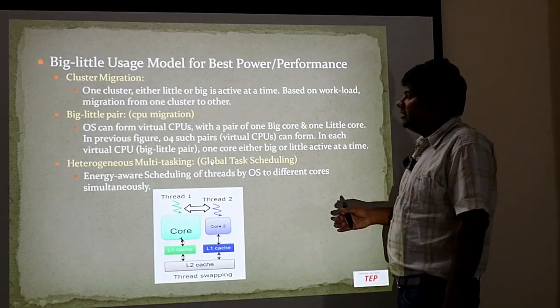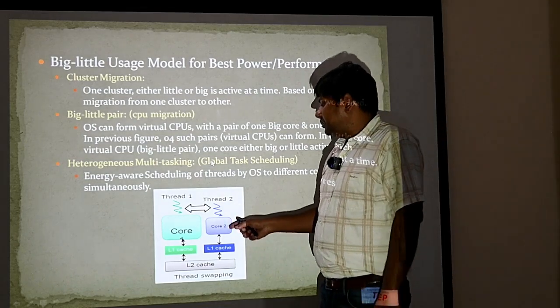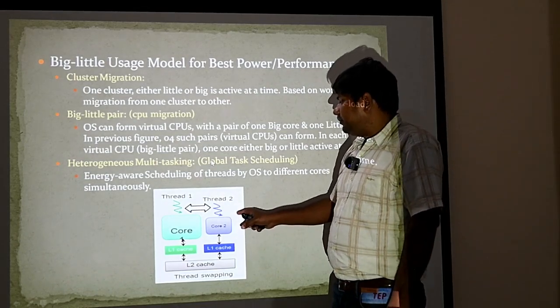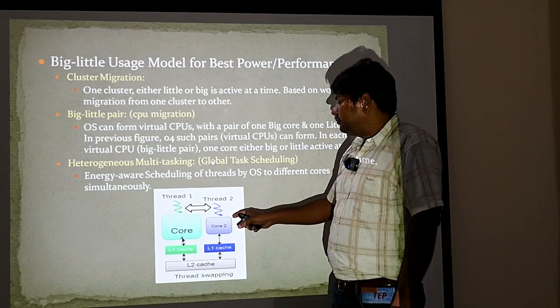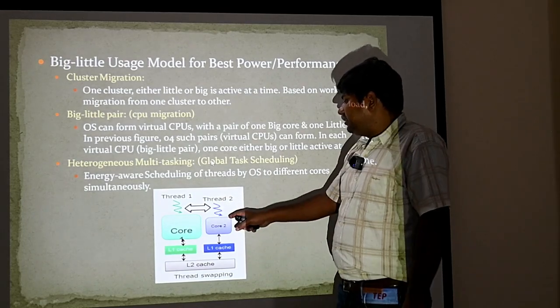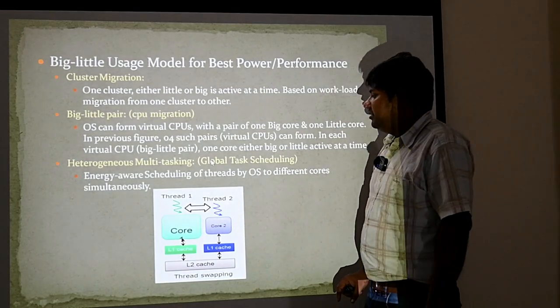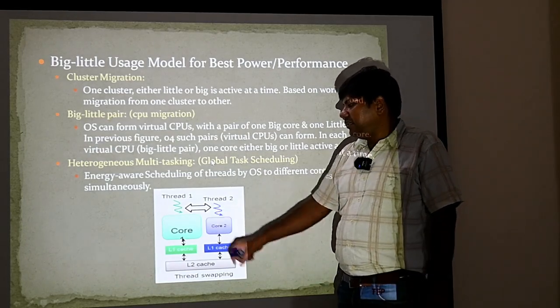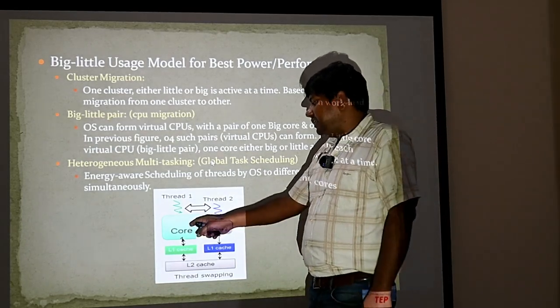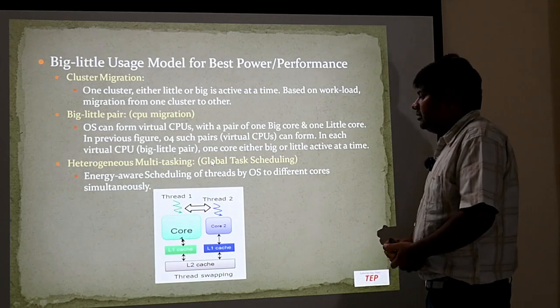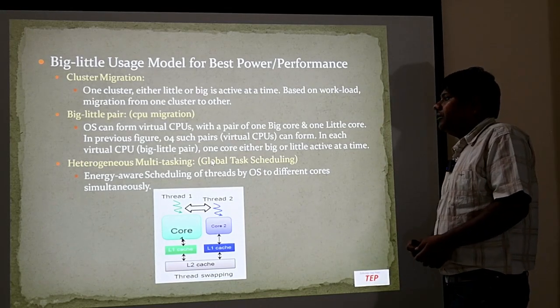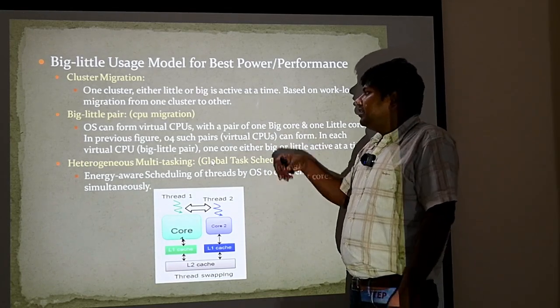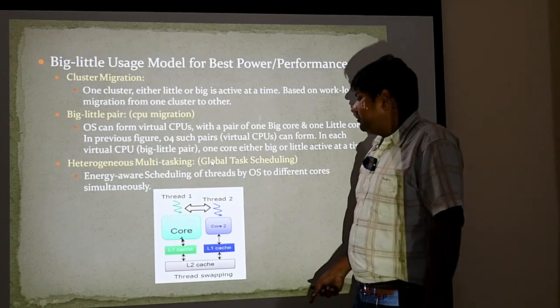It is less efficient because even if just one core has a thread that needs more performance, the entire cluster switches and ends up dissipating more power, since the big cluster is less power efficient.